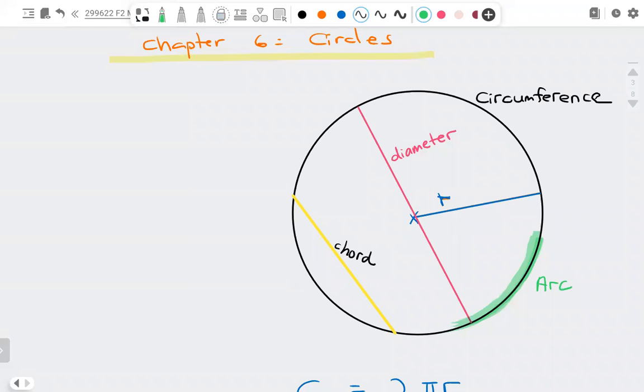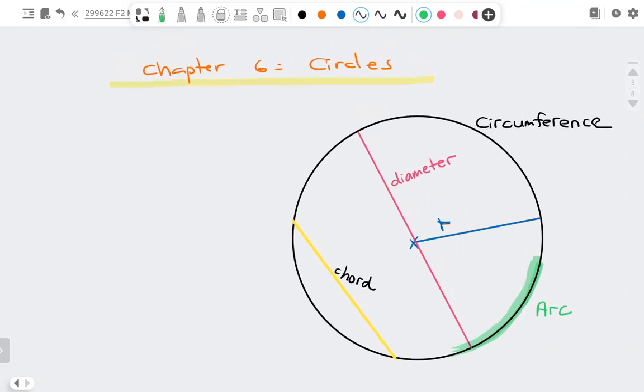Let me know in the chat box if you have done. Very fast. Okay, good. Very good. First thing first, must know the names of the parts of the circle.